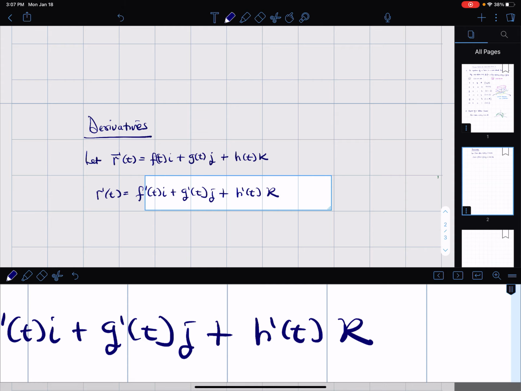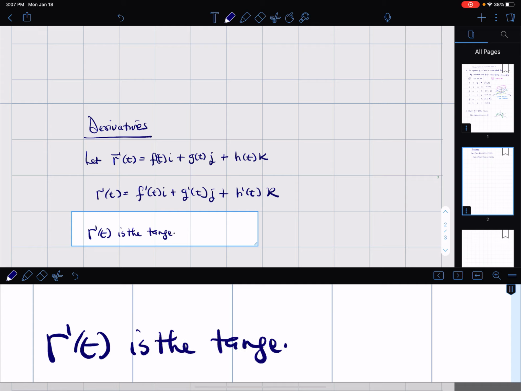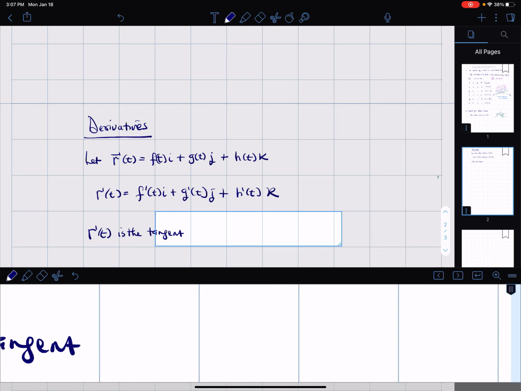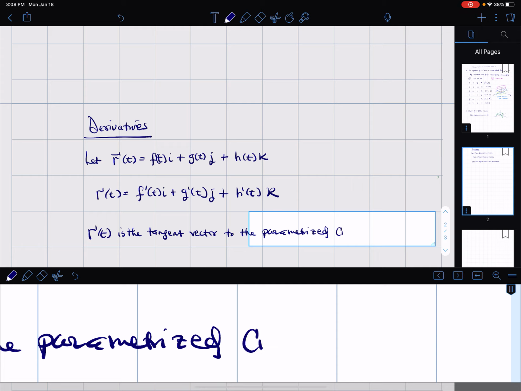It turns out that r prime of t is the tangent vector to the parameterized curve r of t.